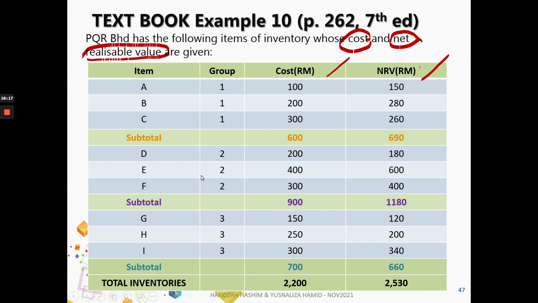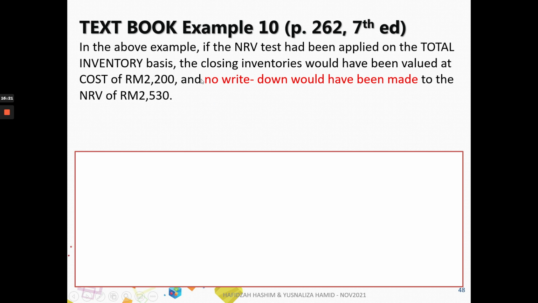But under MFRS 102, in the example that I just showed, the NRV test has been applied on the total inventory basis. That is not allowed by the MFRS, where you cannot apply the NRV test on total inventory basis.